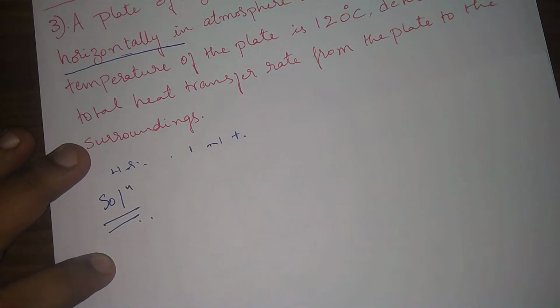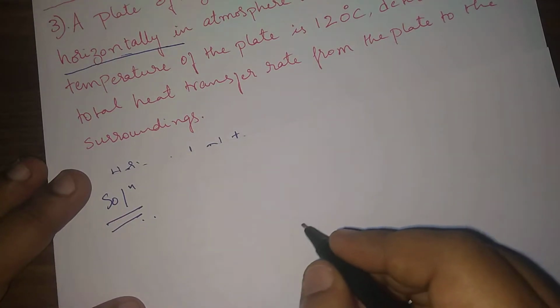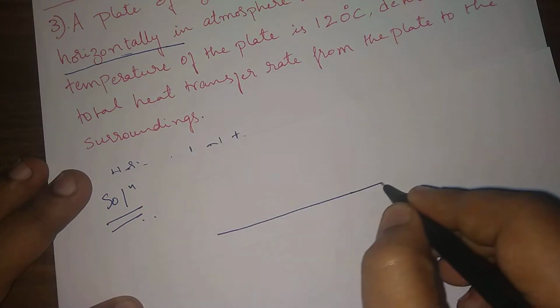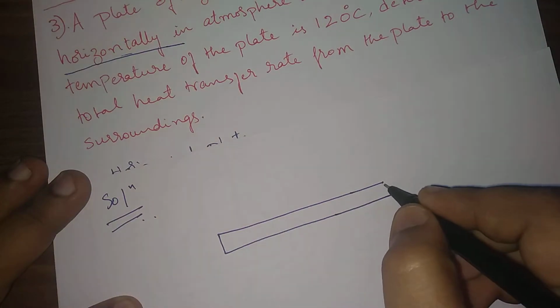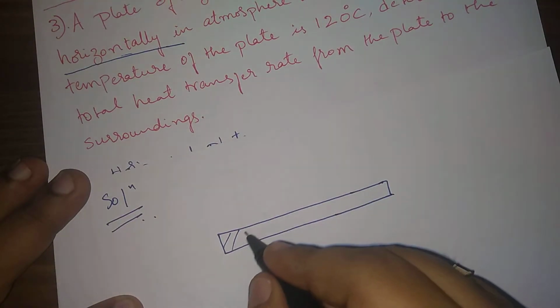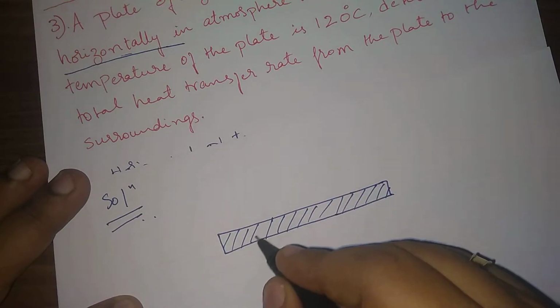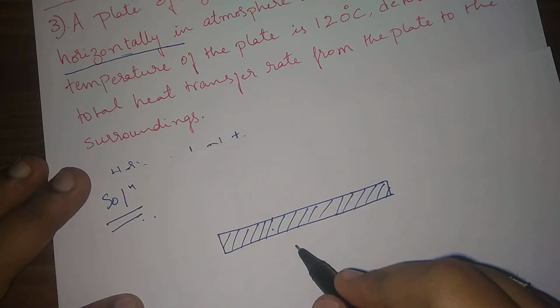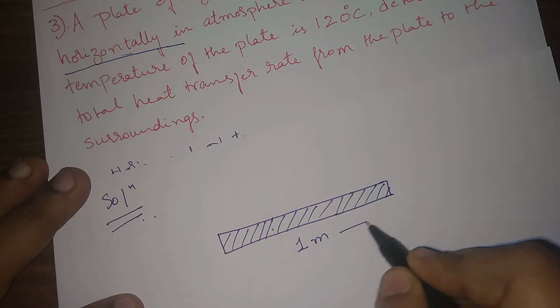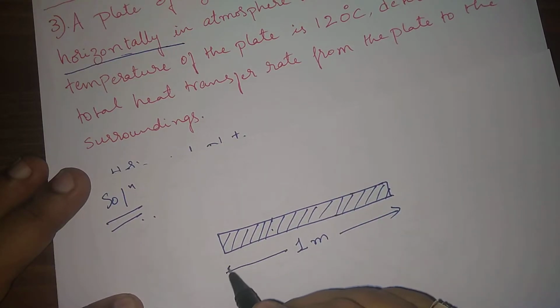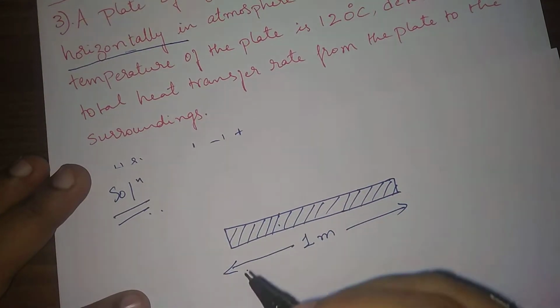Let me try to draw the flat plate. I'm going to take the length as 1000 mm, so the length here is 1000 mm or 1 meter. Of course there will be a width.